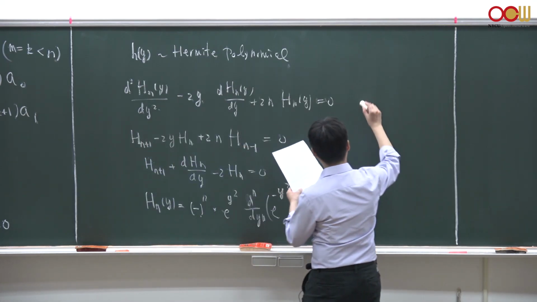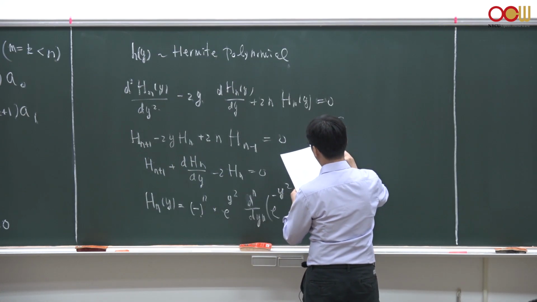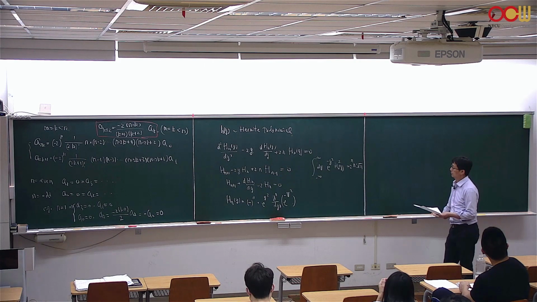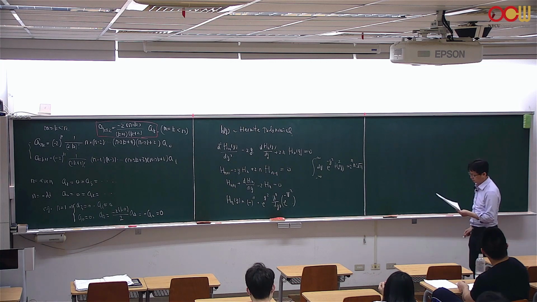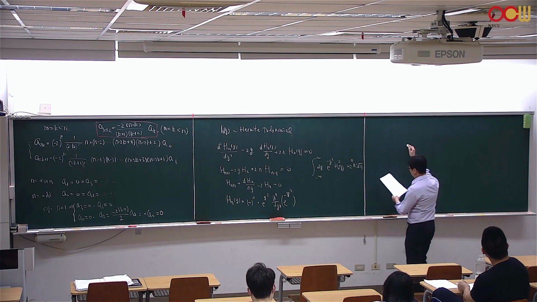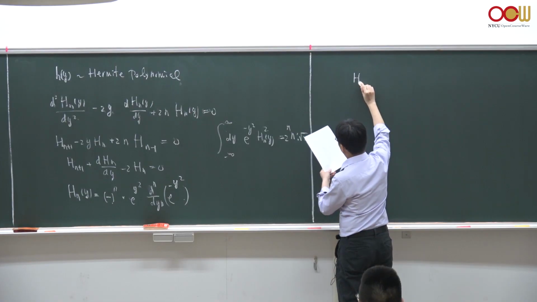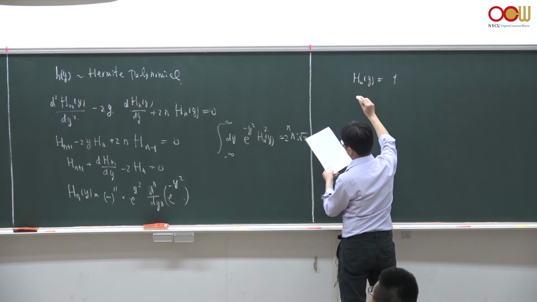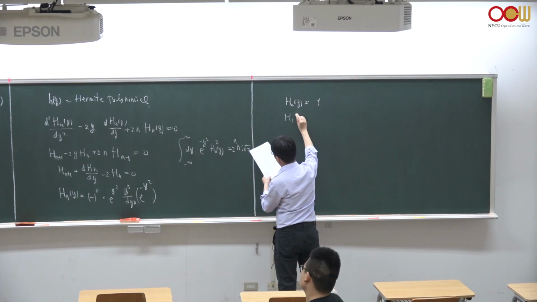There's also a normalization condition for this Hermite polynomial. But in any case, you don't need to memorize all this; you just need to know that this is precisely the h of y function that we tried to solve.